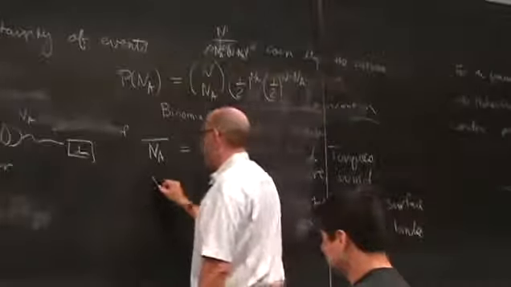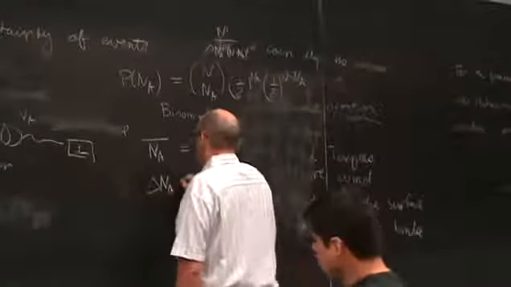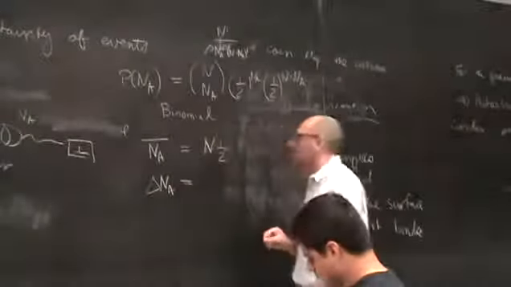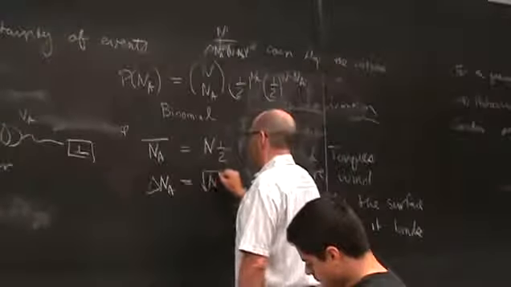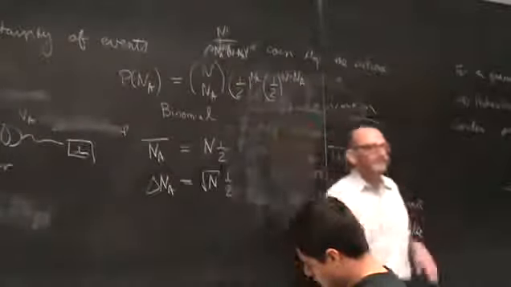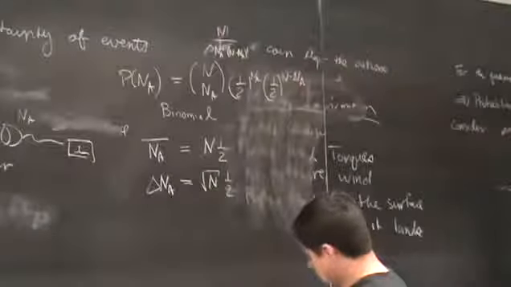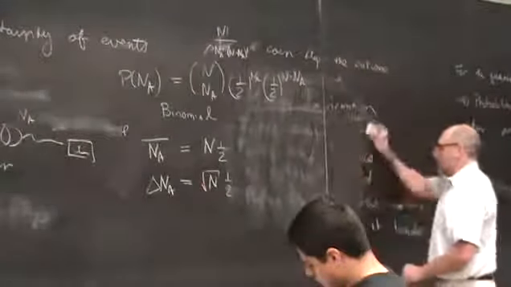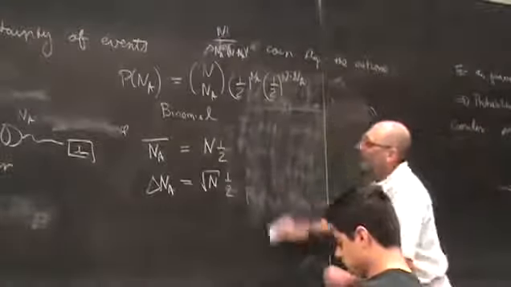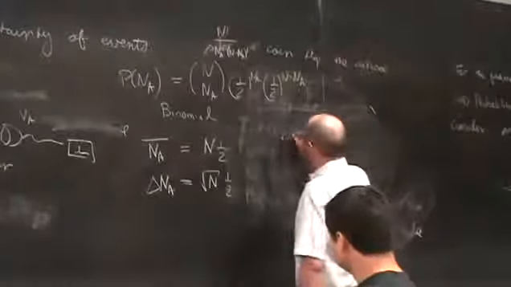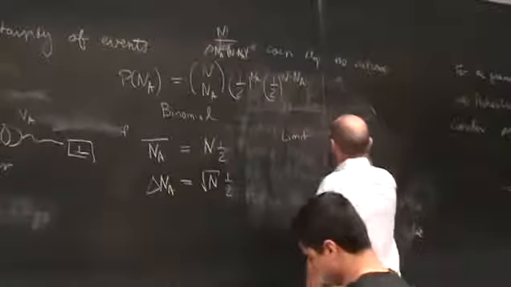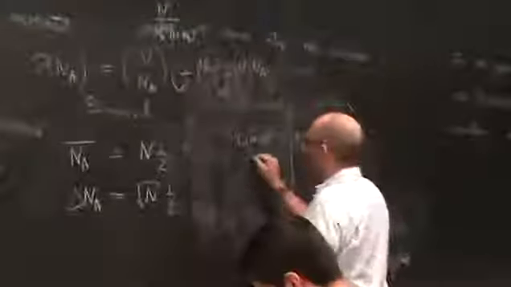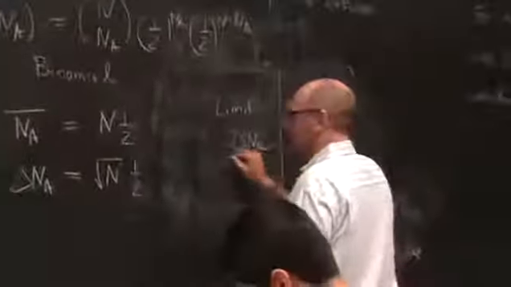So the fluctuations about that, our uncertainty, if you like, will be equal to the square root of n times a half. Now, in the limit as n gets very, very large, the fluctuations are tiny compared to the mean.